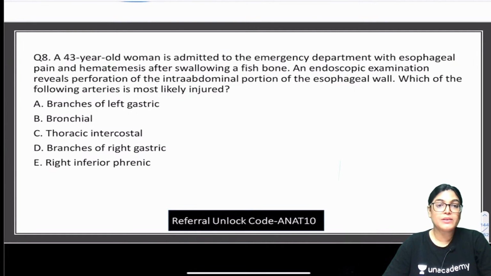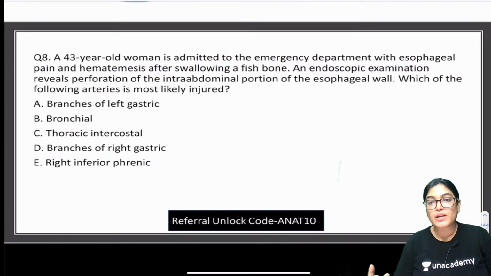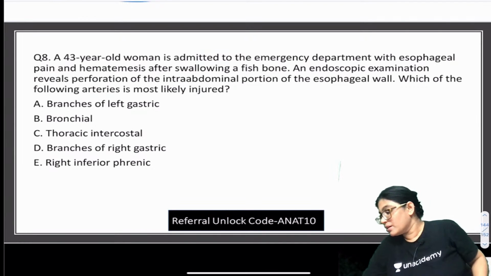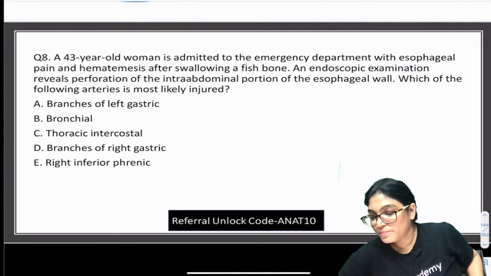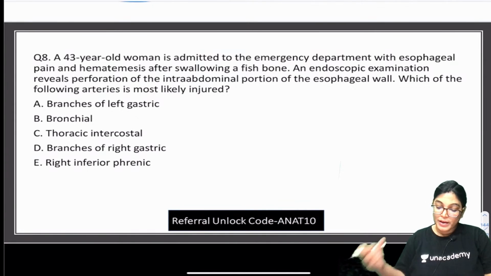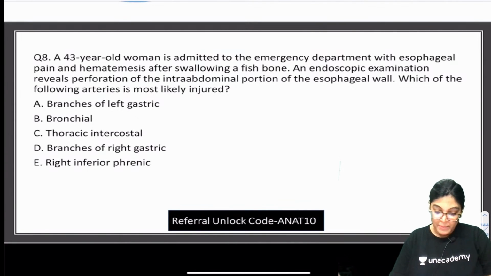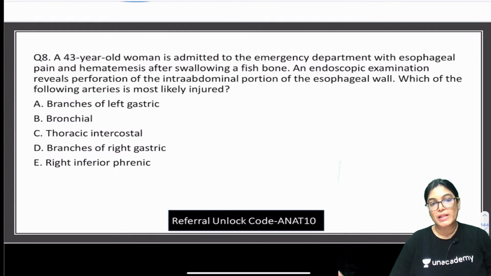Endoscopic examination reveals perforation of the transabdominal portion of the esophageal wall. According to you, which of the following arteries is most likely to be injured?